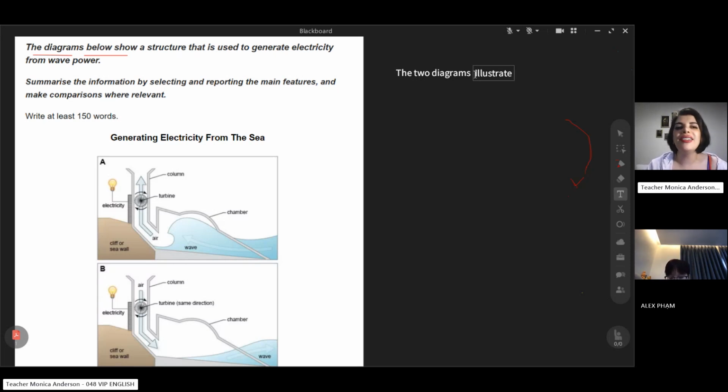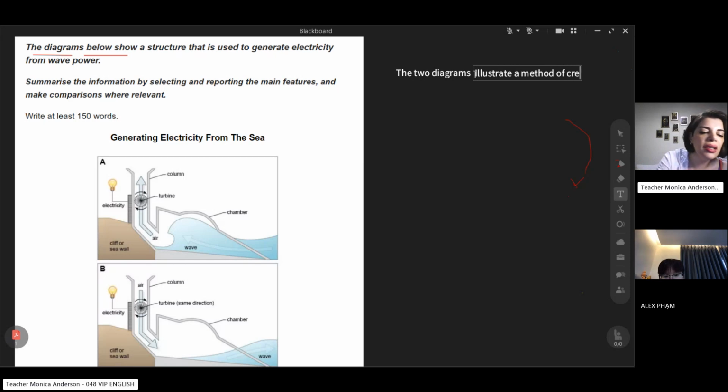Show what? A structure that is used. What does that mean? It's a method. Do you agree? So illustrate a method, a way of what? Generating.